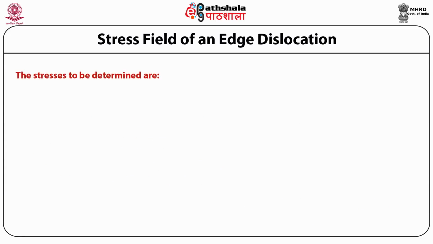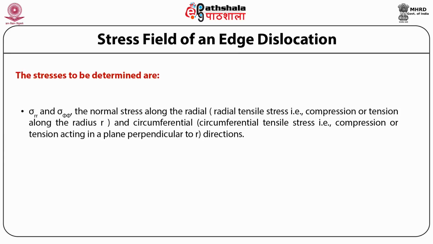The stresses to be determined are, first, sigma rr and sigma phi phi, the normal stresses along the radial direction, that is the radial tensile stress, compression or tension along the radius r, and the circumferential tensile stress, compression or tension acting in a plane perpendicular to the r direction.